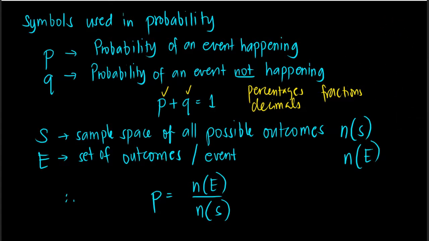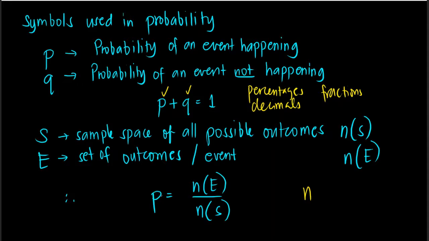Let's move on. S stands for sample space of all possible outcomes, and E is a set of outcomes or events. We have always used the letter N, even in combination and permutation. N just stands for the number of elements. For the formula of probability, it is a small letter p, so don't use the capital letter P because that's for permutation.